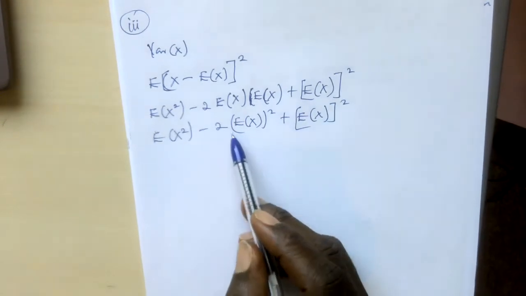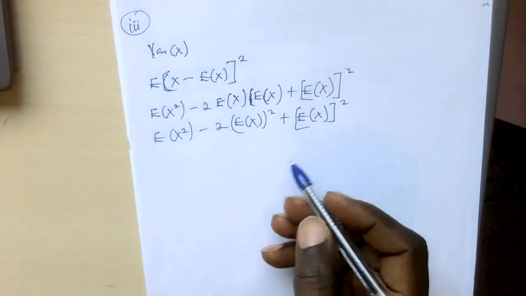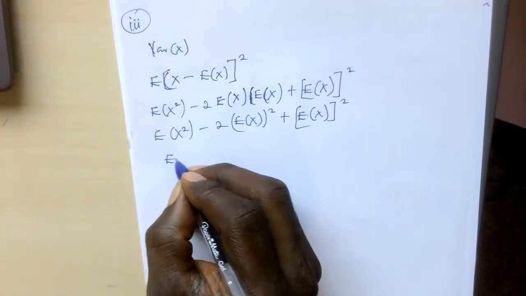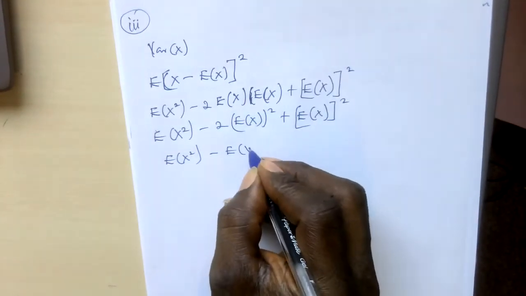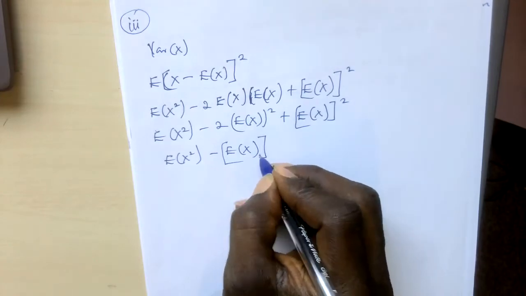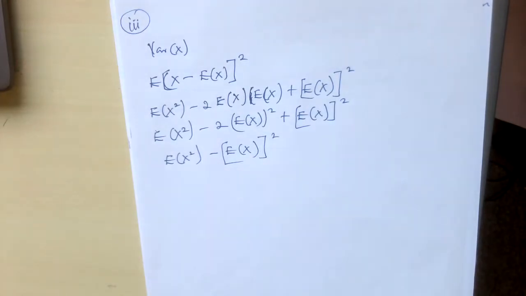So minus 2 plus 1, it's minus 1. So we have e of x squared minus e of x squared.